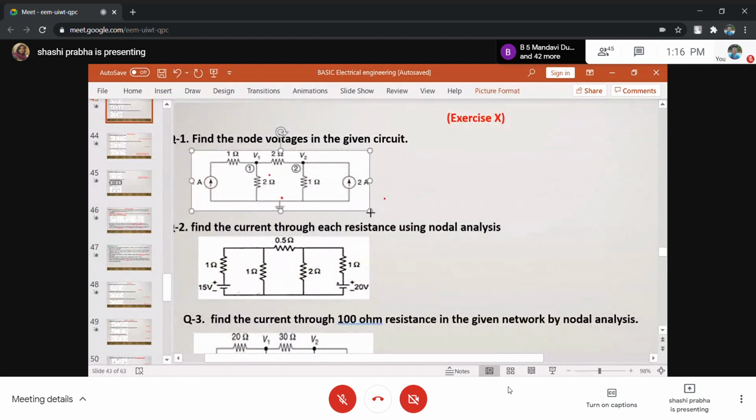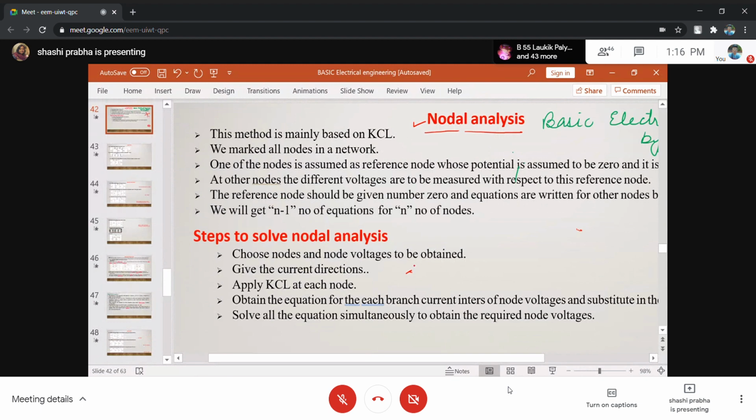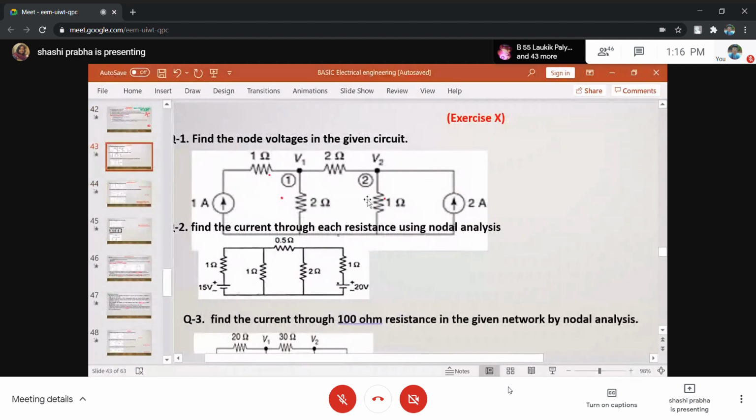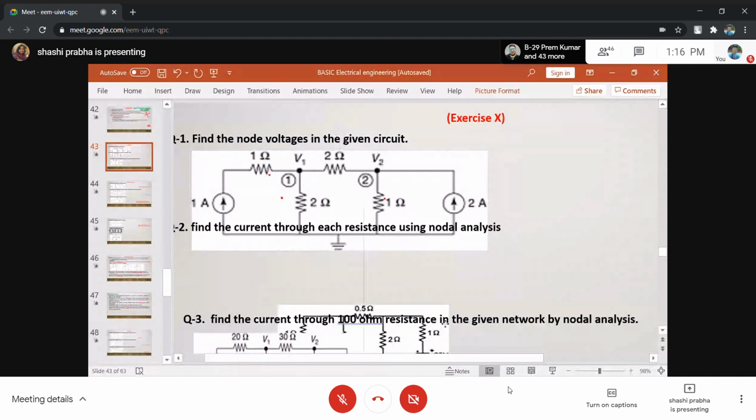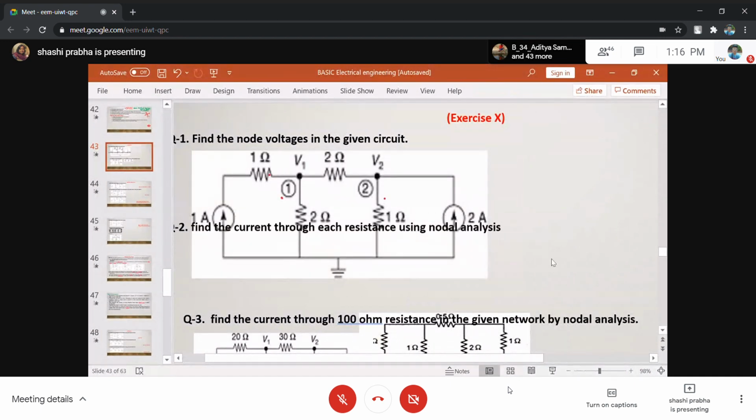Just for your reference, I'm telling you. Please draw this diagram which I have shown on the screen. Don't write the writing part, draw the diagram.